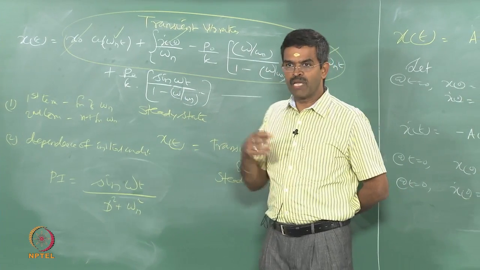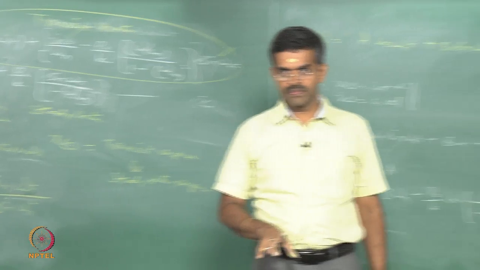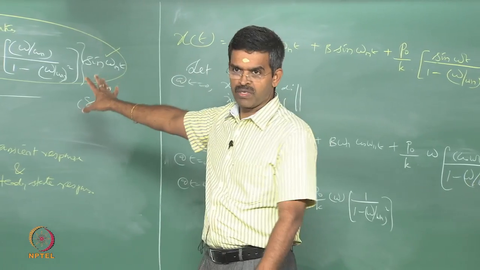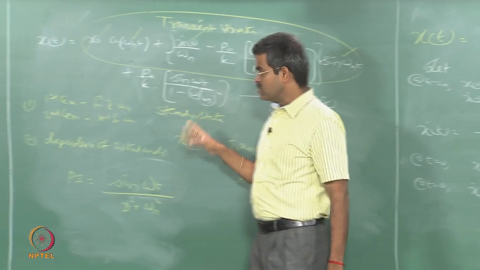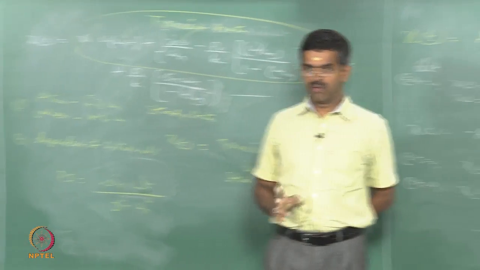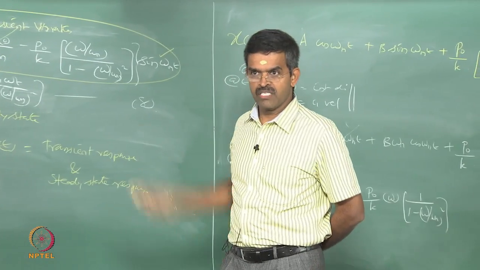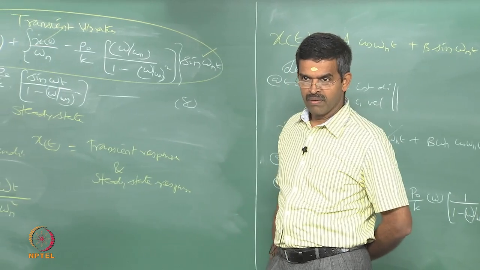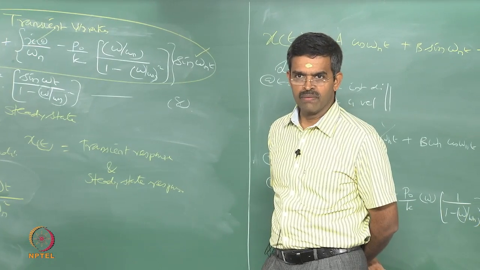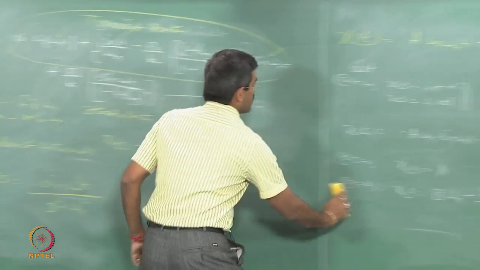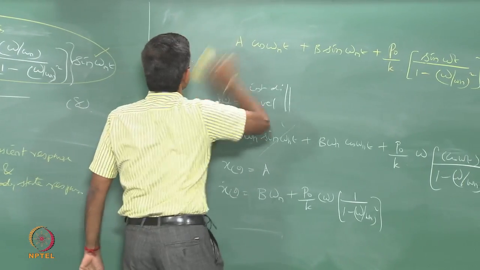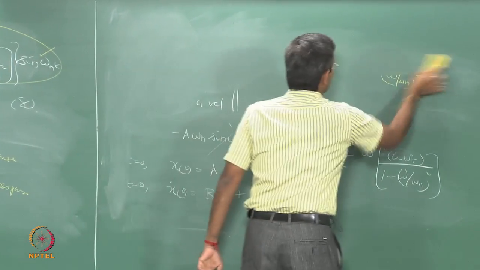Let us see what happens when beta becomes 1, from the same equation. Strictly speaking, if beta becomes 1, the equation should not give me an answer, because the steady state response will become infinity, is it not? Let us see how. Do we have any questions here?